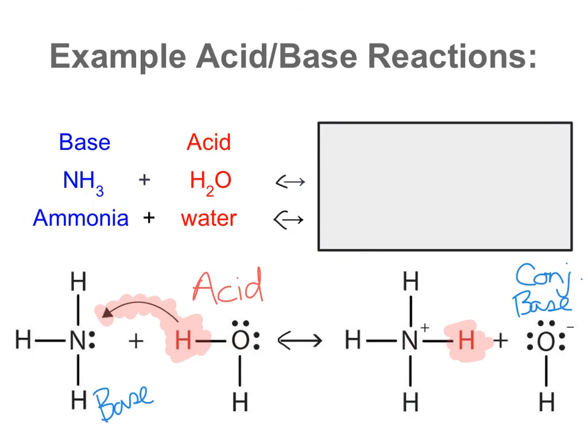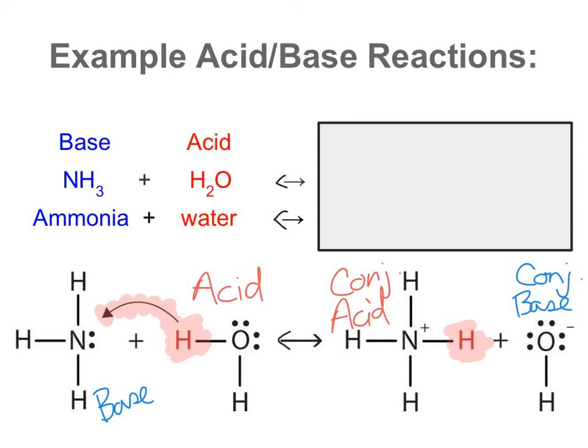As a result, that makes it a base. It's not the primary base like over here, so we call it a conjugate base. And again, the NH3 accepted the hydrogen, so that makes it the conjugate acid now.